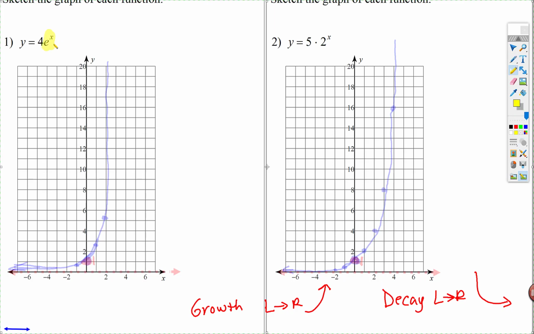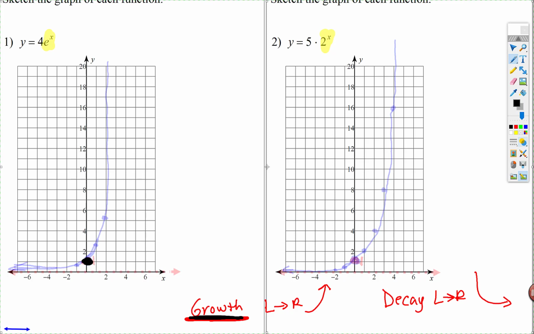When you have e to the x and 2 to the x, so an integer or the constant e to the x, you have a growth graph, right? In a few minutes, you'll see what would constitute a decay graph. But this is what the parent graph looks like.